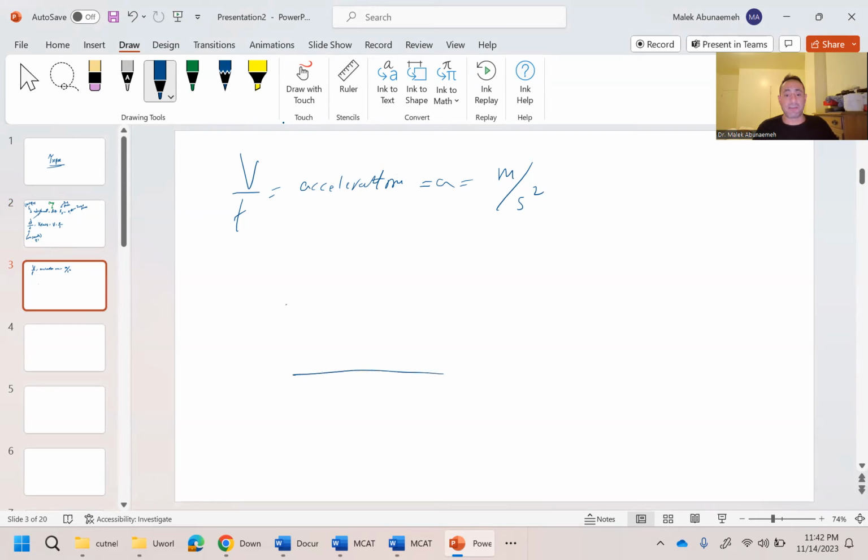So let's say you have an object of mass M, and you apply an acceleration. That's where you're talking about the force. The force, from Newton's second law, is going to be this acceleration multiplied by the mass.